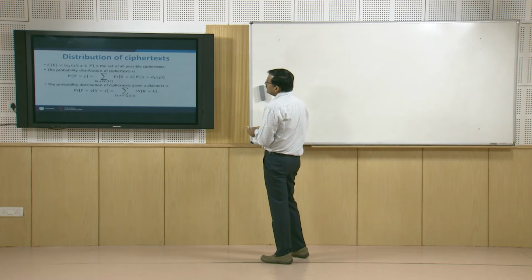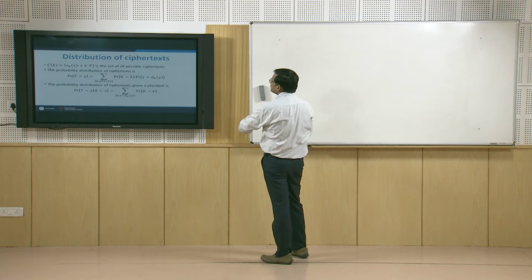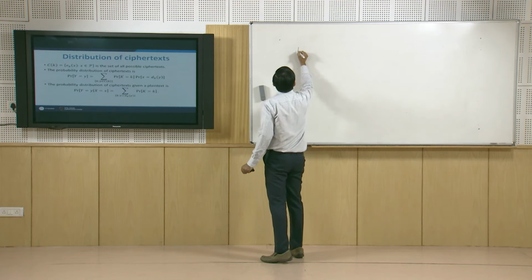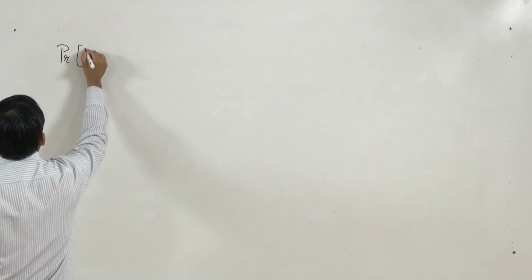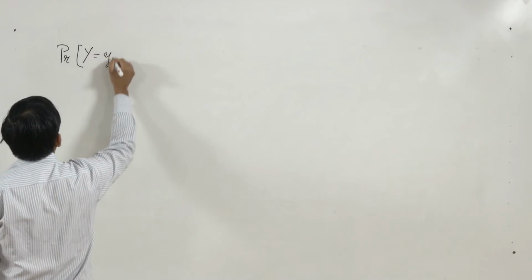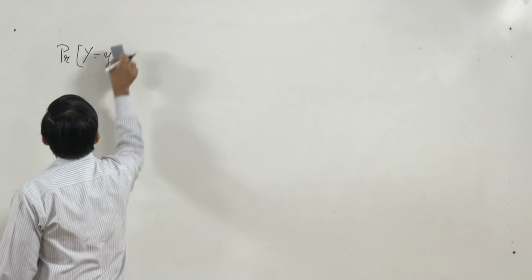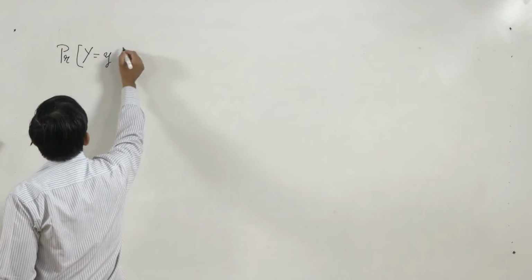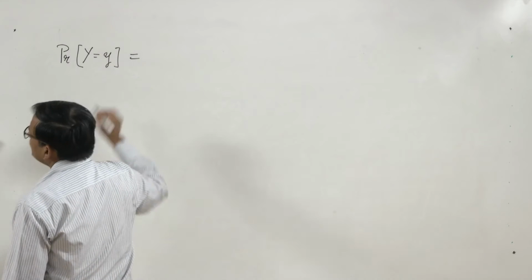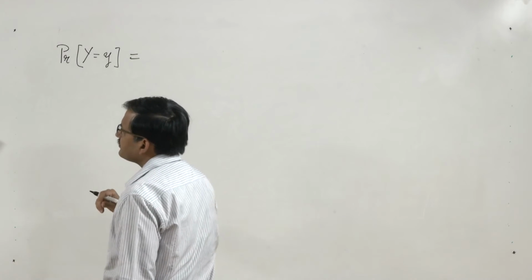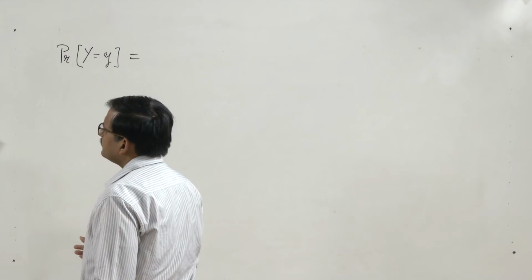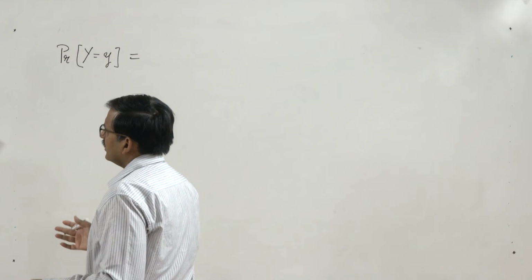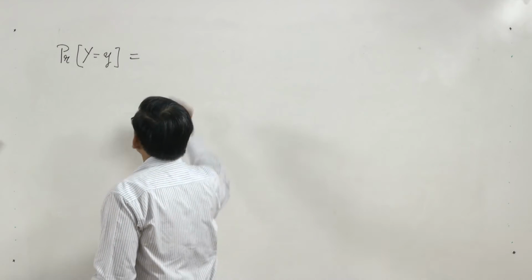So, let us take the left hand side of this equation, that is probability of capital Y equal to small y. This is equal to, now we will always have a key.